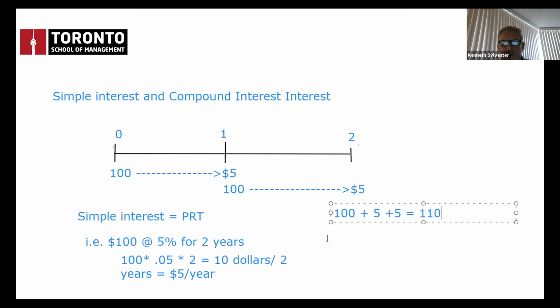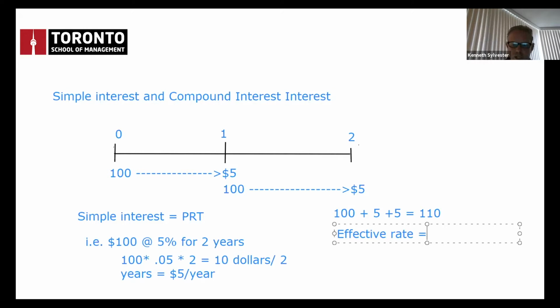Now, what I want to know is the effective rate, which is equal to 10 divided by 100 gives me 10%, but that is for 2 years, so I divide it by 2, and it gives me 5%. Okay. So that is essentially simple interest.